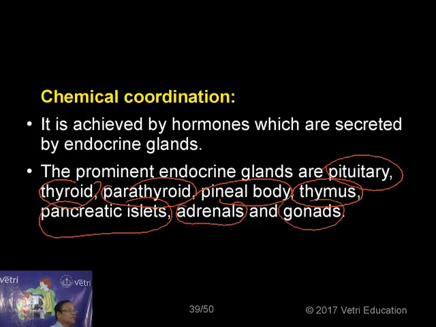Gonads also function as endocrine glands by secreting male or female hormones. Almost all the glands are present in the frog as in man. We will study chemical coordination in detail in human beings.